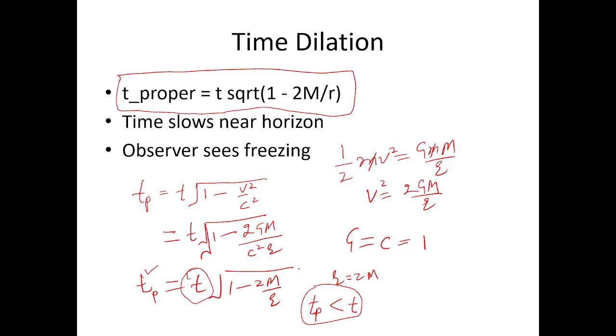Proper time is always less than the time. So this formula shows that on the horizon time stops. Time is 0. Okay, thank you.